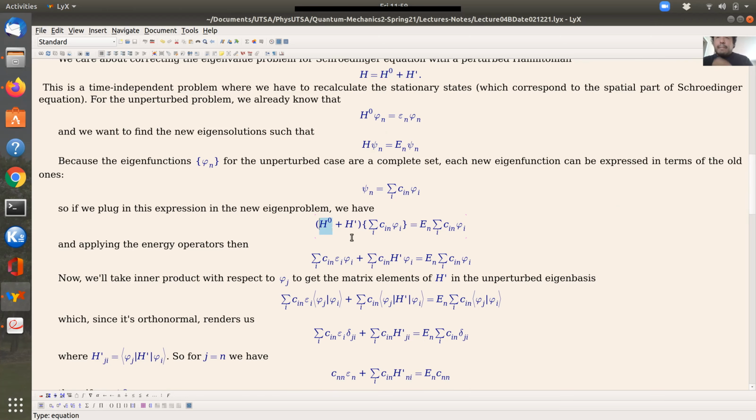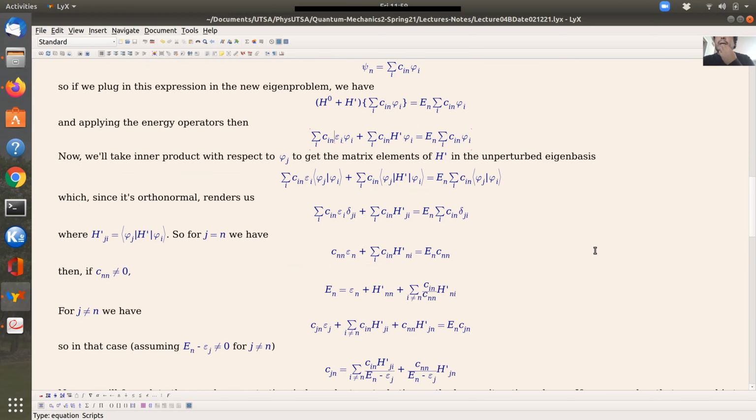For this part, we have the easy part because the phi's were eigenfunctions of H naught, so they're going to pick up an epsilon n, which is why this appears here. So we simply decompose by linearity in the sum. Then we have the application of H naught to the psi i's, which gives us epsilon i's. And then I have plus the H prime part, and this by linearity. And then this stays the same.